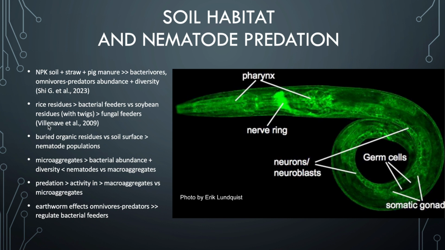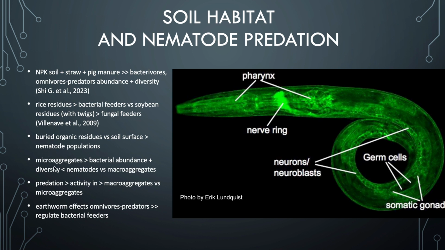This study also found that when the organic residues were buried, as opposed to being left on soil surface, this increased nematode populations, which makes sense because the organic matter was now feeding the microbes within the soil, and therefore nematodes could take advantage of those increased microbial populations.